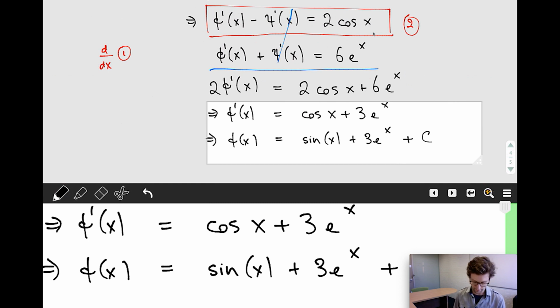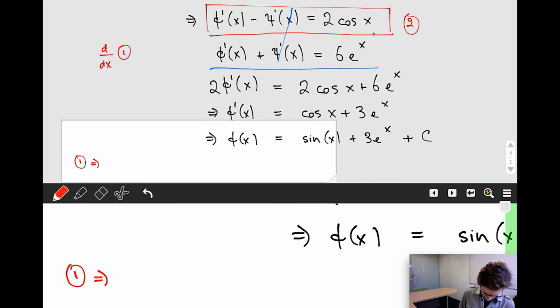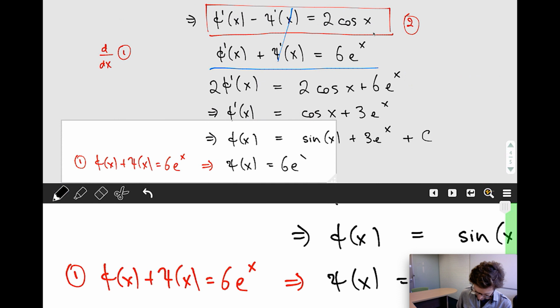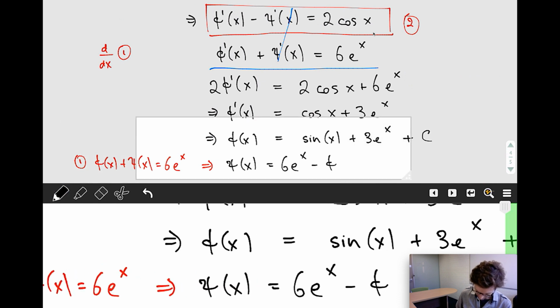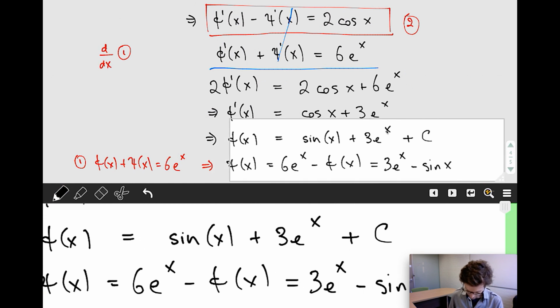I can also get psi from this because from equation 1, remember, was phi x plus psi x is equal to 6e to the x. So that implies that psi x is 6e to the x minus phi x, which is going to give me 3e to the x minus sine x minus c.